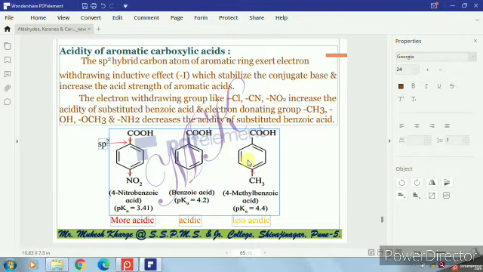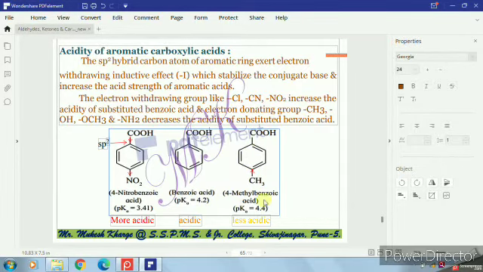Remember, if we attach an electron withdrawing group, that increases the acidity due to decreasing the electron density of the benzene ring, while if we attach an electron donating group, that decreases the acidity due to increasing the electron density of the benzene ring.